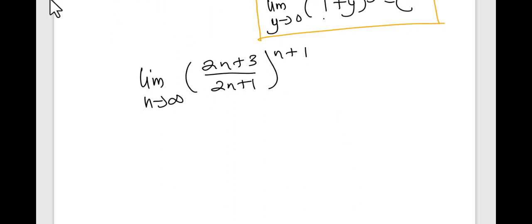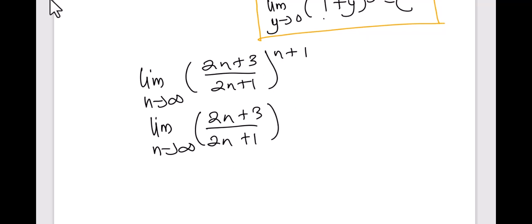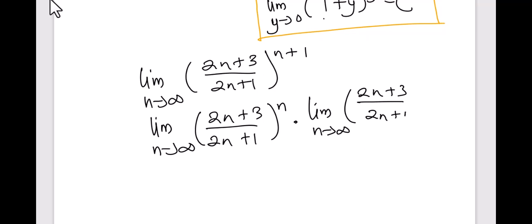There is one thing I can do, because you can write this as the limit as n approaches infinity of ((2n + 3)/(2n + 1))^n times the limit as n goes to infinity of ((2n + 3)/(2n + 1))^1.